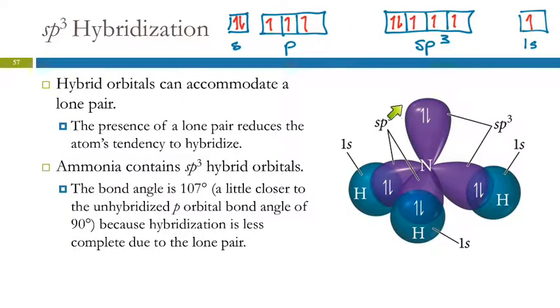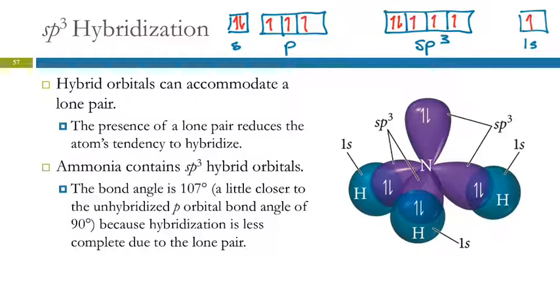So this is ammonia. We talked about how the angles for ammonia are not 109.5. It's not a perfect tetrahedron. These bond angles are closer to 107, which is going towards the angles of an unhybridized orbital.